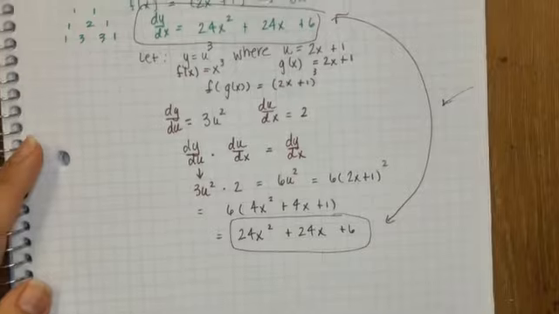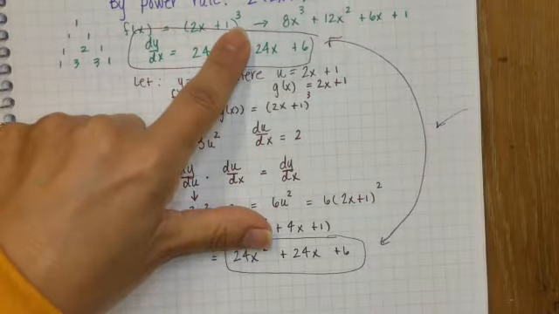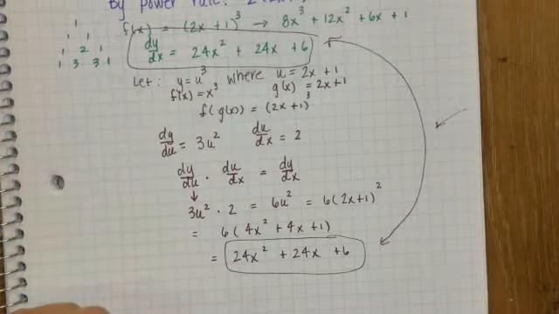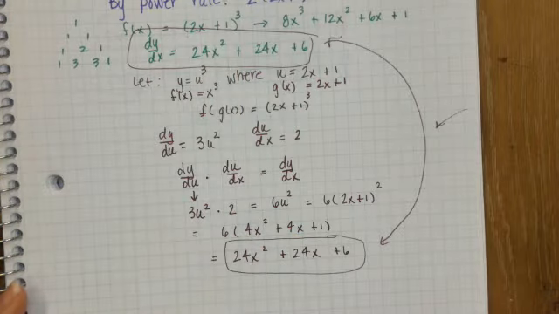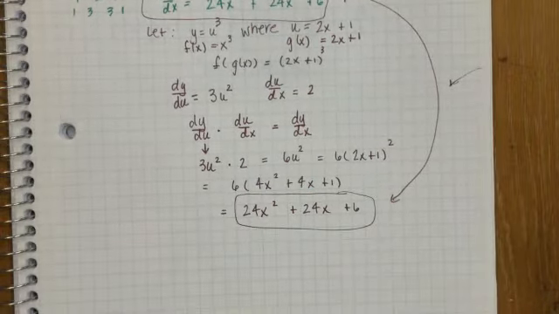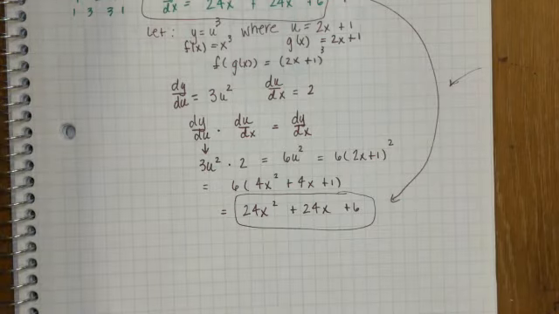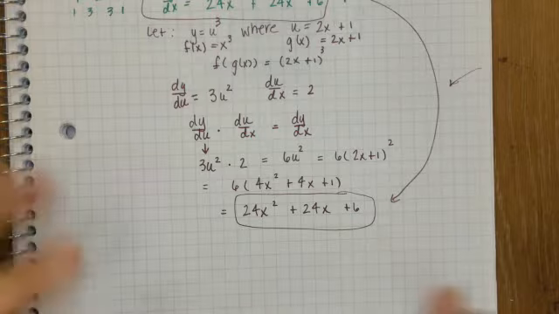Here, the outside function was 2x plus 1 cubed. The inside function was 2x plus 1. So let's go back actually and do that. The outside function, let me just rewrite this.